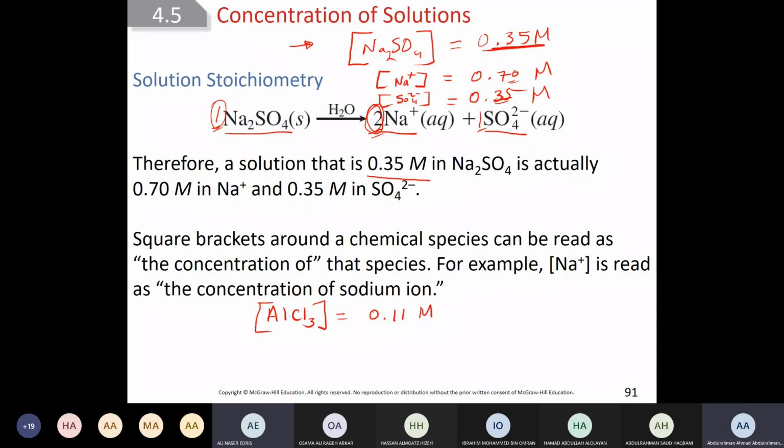Aluminum chloride is 0.11 molar. Clear? Good. Tell me now, what's the concentration in this compound of Al3 plus? 0.11 molar. Good. What's the concentration of Cl minus? 0.33. Exactly. Is it easy?